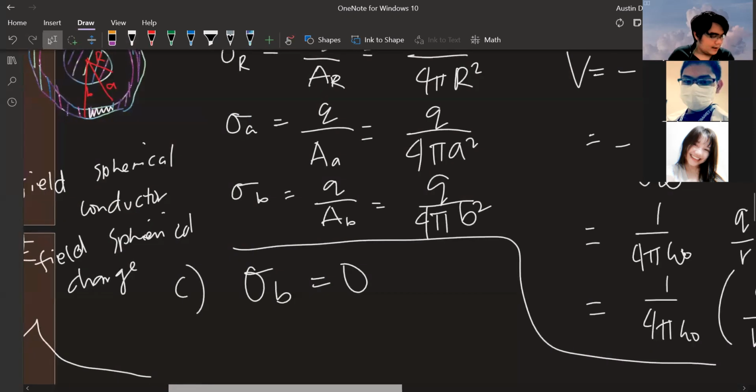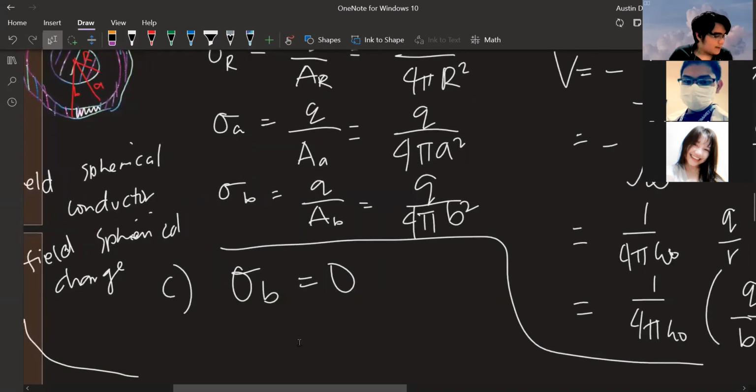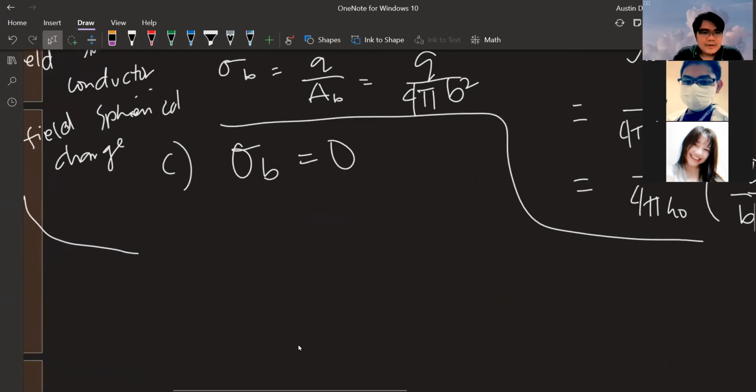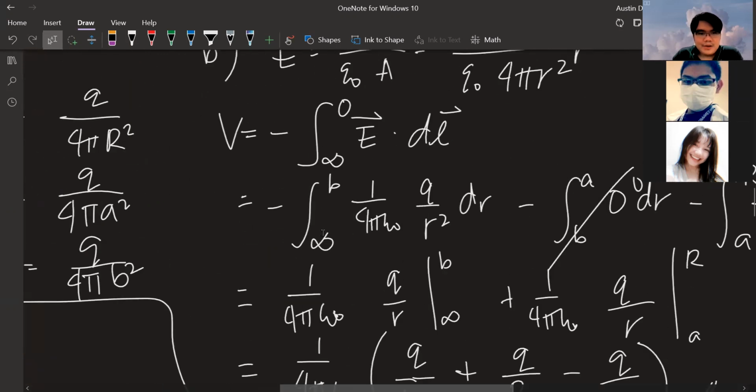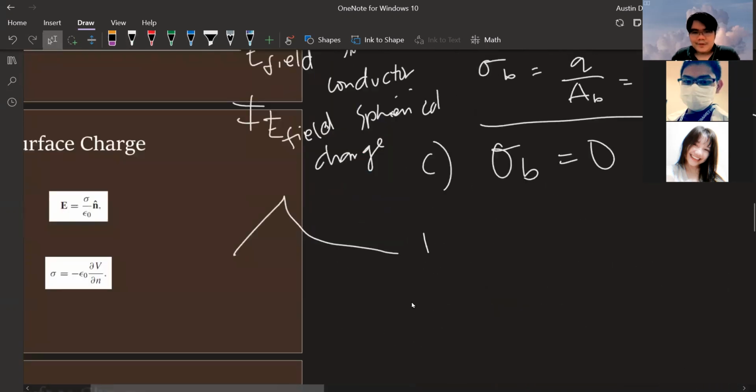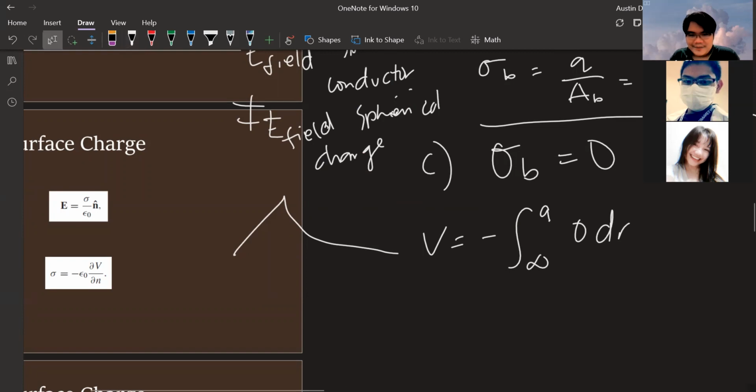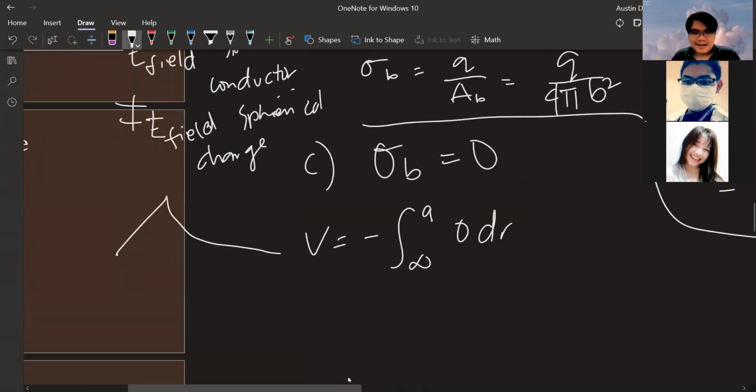Okay? Then lastly, ano mangyayari sa potential mo? Ang mangyayari is that yung B to infinity, wala ng charge, wala ng field. Tama? Okay. So magiging V is equal to negative infinity to A na siya, na zero. Zero lang din, kasi dahil yung negative infinity to B, zero na din.